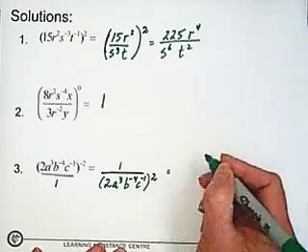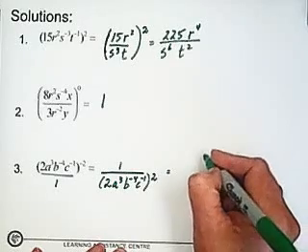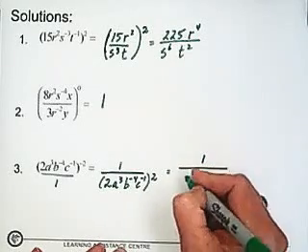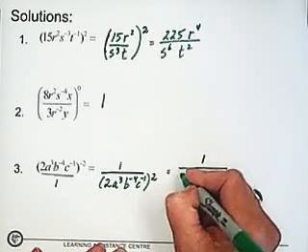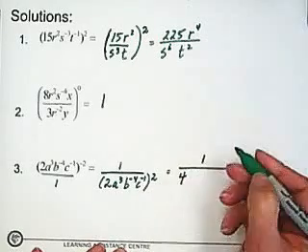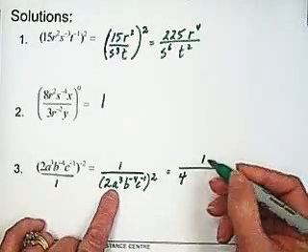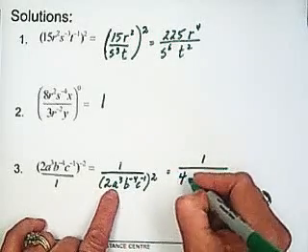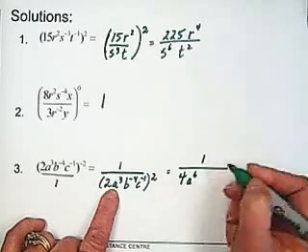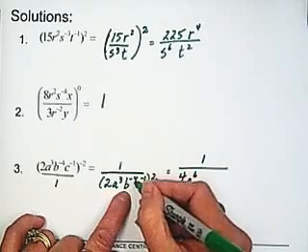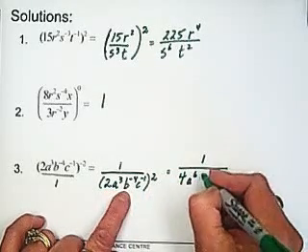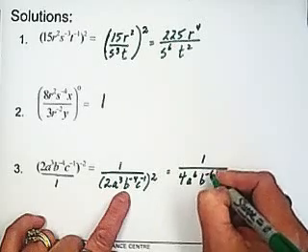Okay? So this becomes 1 over 2 squared, which is 4. A cubed raised to the power of 2, which is a to the 6th. B to the minus 4 raised to the power of 2, which is b to the minus 8.